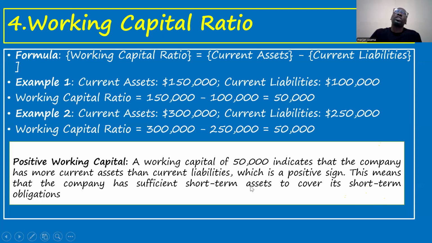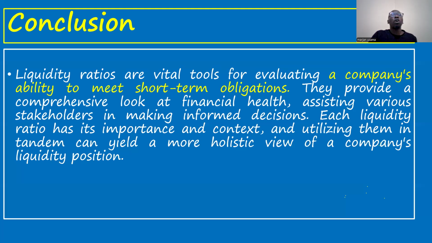But suppose you find that you have a negative number, a negative working capital, then it is a negative sign. And it means that you don't have enough money to cover your short-term obligation. Now, in conclusion, liquidity ratios are vital tools for evaluating a company's ability to meet short-term obligation.